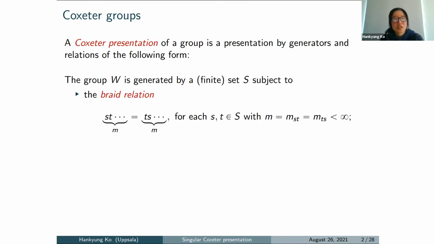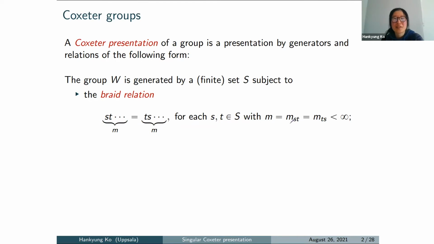And the generators satisfy the following relations. The first is the braid relation. Given two elements S and T, we have this relation. If you multiply S and T alternatingly starting with T, and you do it m times, then starting with S and multiplying m times is the same as starting with T and multiplying m times.